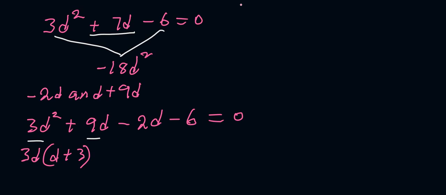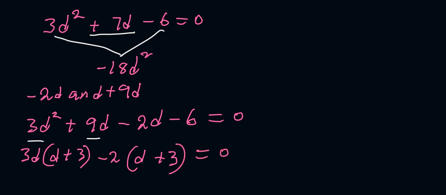And then now we can also factor the remaining two, which is negative 2d and negative 6. So the GCF of negative 2d and negative 6 is negative 2. So now negative 2d divided by negative 2 is going to give us just positive d. And negative 6 divided by negative 2 is going to give us positive 3. And this will be equal to 0.